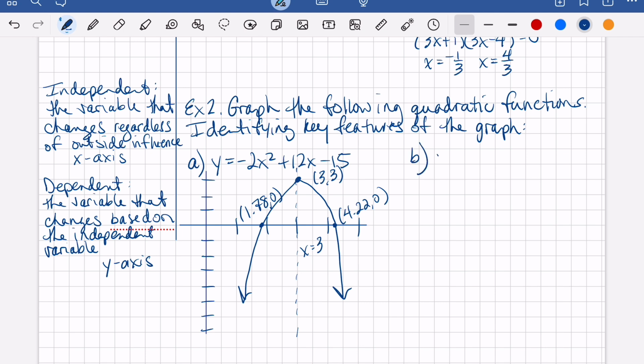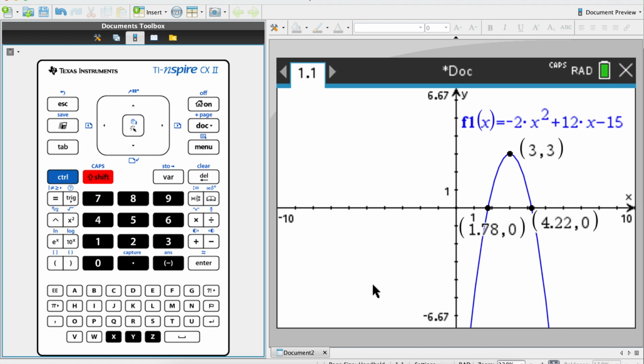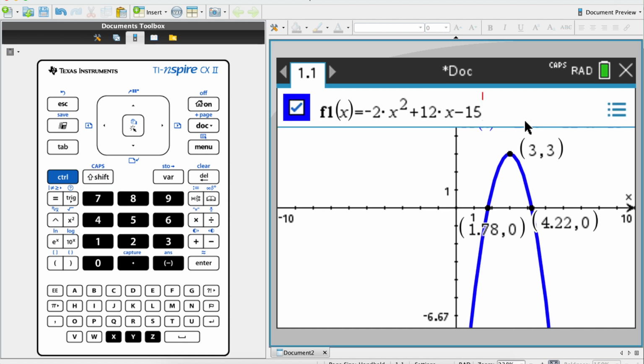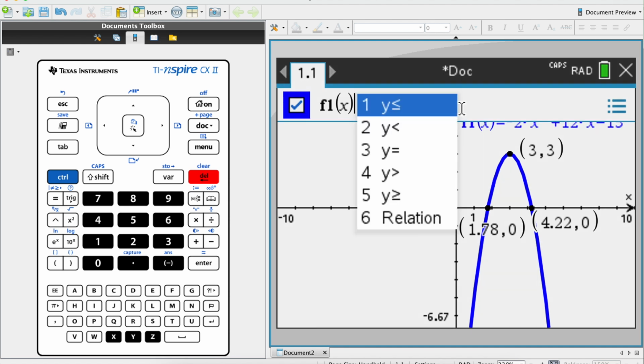So the second example is y equals 2x squared minus 16x plus 30. One thing I want to show you: you can hover over the equation and double click it, and you get that equation editor bar in here again. You can delete all this stuff and write a new equation.